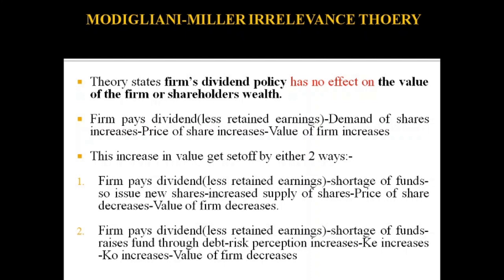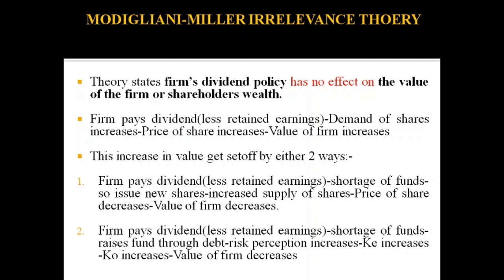And the second way in which the value of the firm decreases is when the firm pays dividend and keeps less retained earnings, definitely shortage of funds will happen. And if the company does not prefer to issue new shares, then they should raise funds through debt. So either they should issue new shares to raise funds, or otherwise they should raise funds through debt.